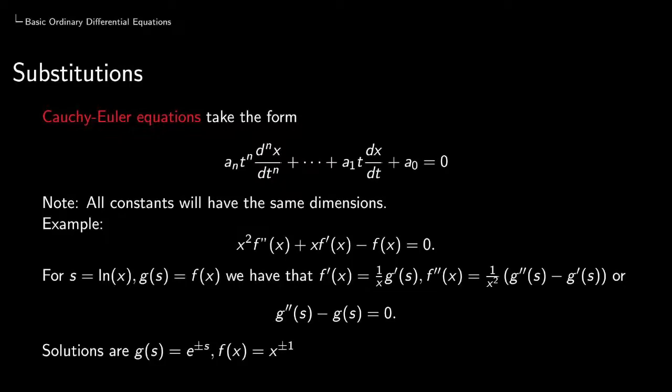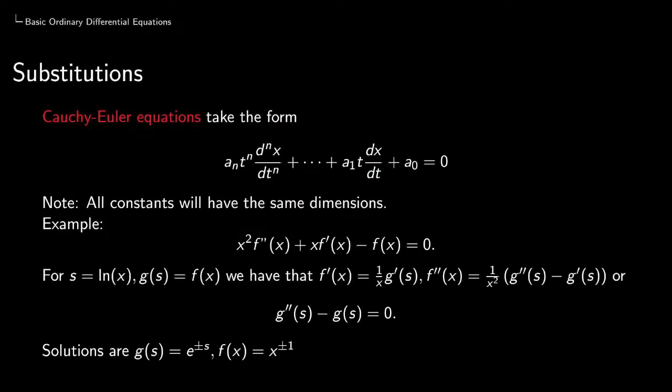So our first term here is a_n t^n d^n x/dt^n, and then at the very end you have a_1 t dx/dt plus a_0 x. I should have written an x there. What happens basically is the t's in front of the coefficients and the t's inside the derivatives.